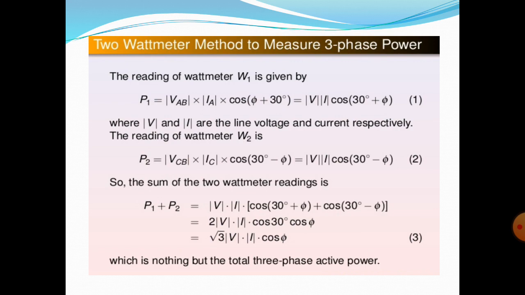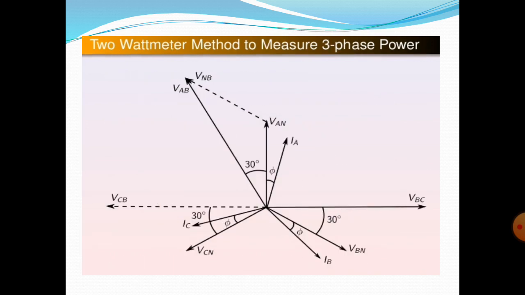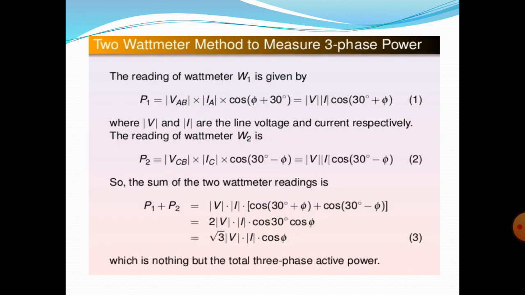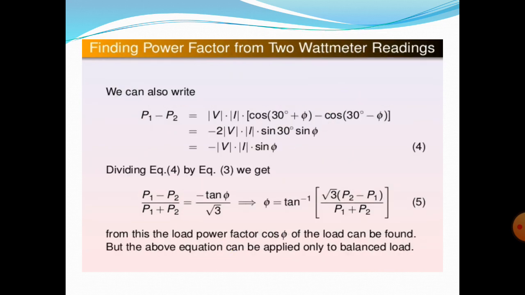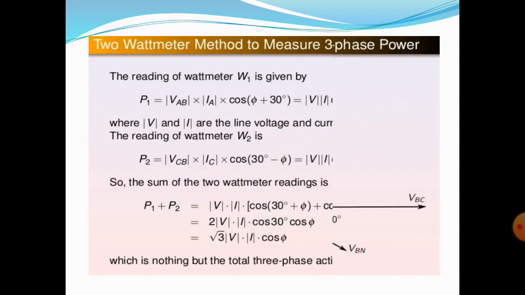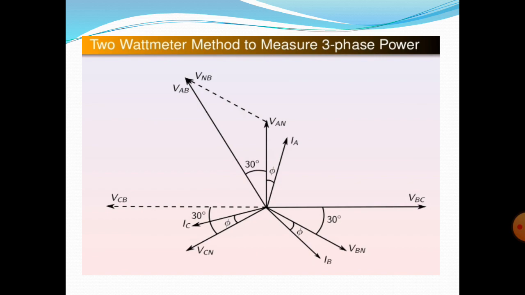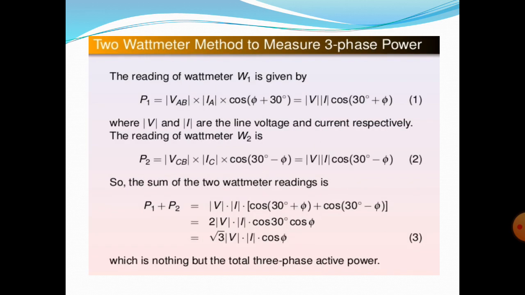In this derivation we calculate the total power P. In this phasor diagram, IA is the current flowing in A phase, and the reading of wattmeter W1 is given by P1 = VAB × IA × cos φ, where the angle for W1 is φ + 30 degrees.